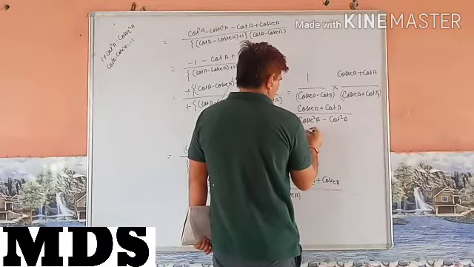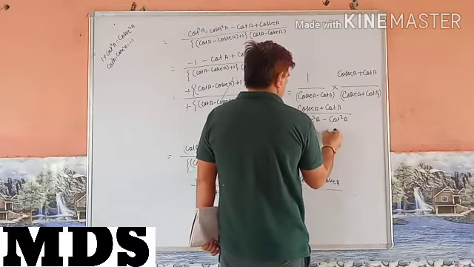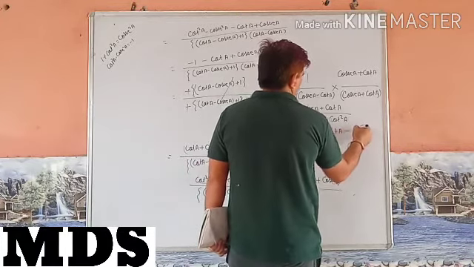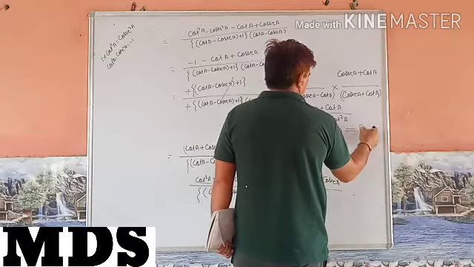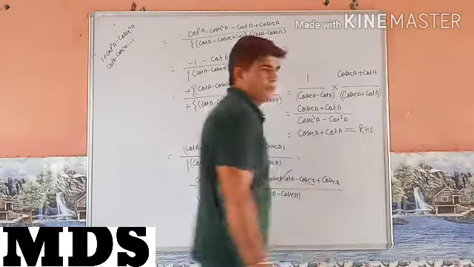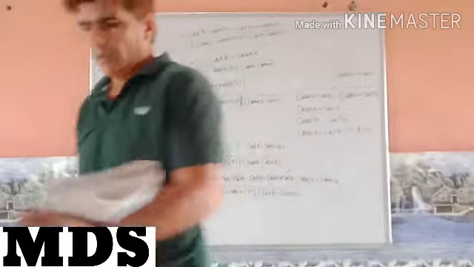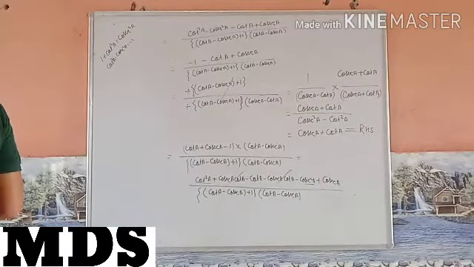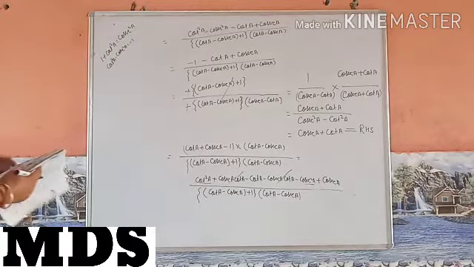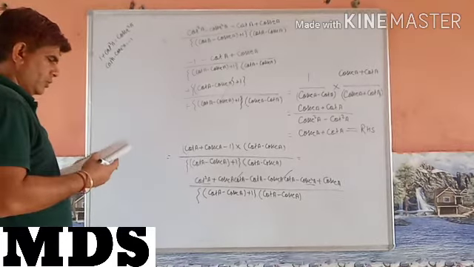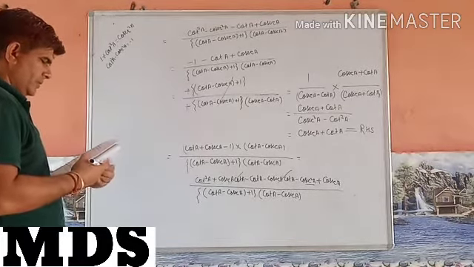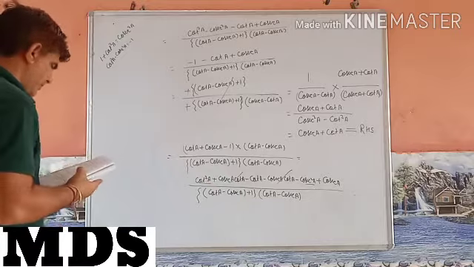So this is cosecant A plus cot A, which is equal to RHS. Hence, result. Understood or not understood? I think all of you understood easily.